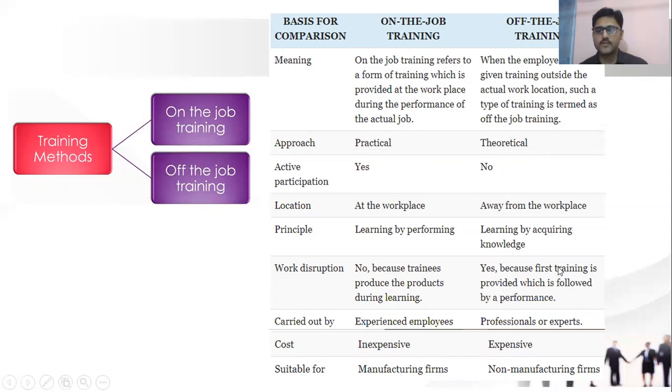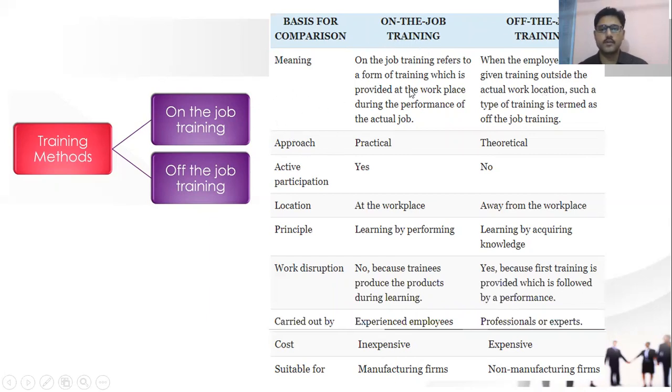Here we have jotted down some differences between on-the-job training and off-the-job training programs. You can go through it. As I told you earlier, on-the-job training is provided at the workplace, and off-the-job is outside of the work location. Then what would be the approach?